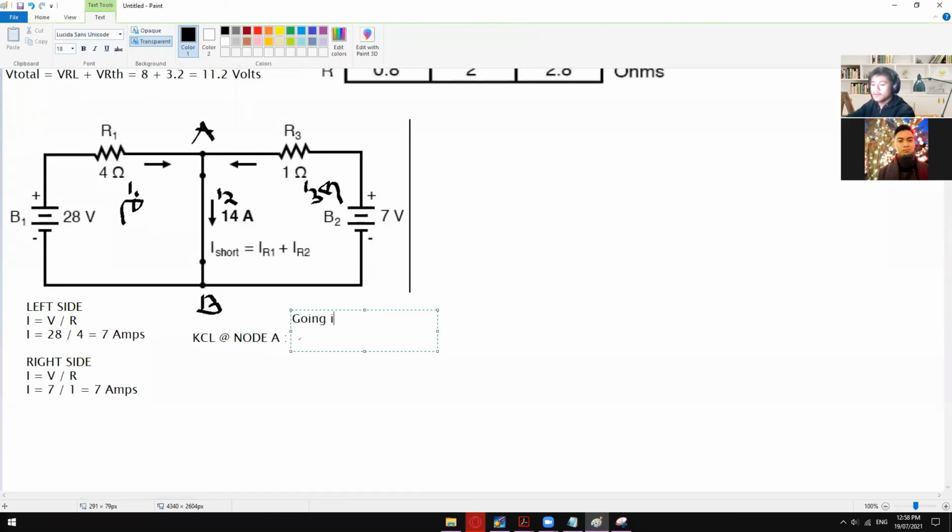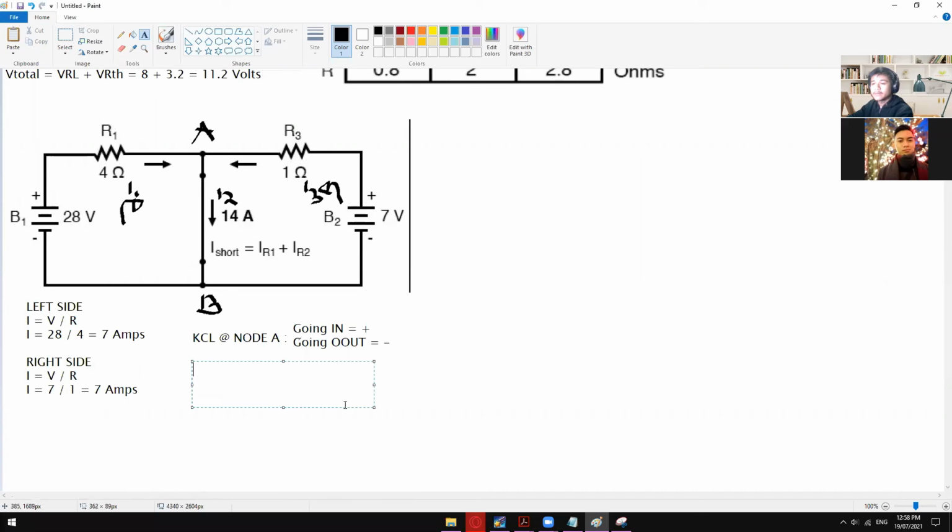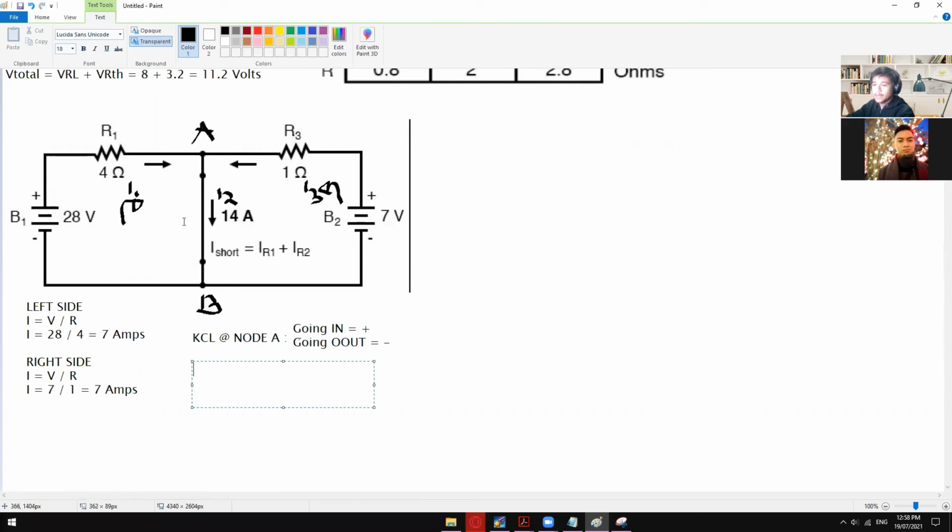Again, going into a node is positive, and going out of a node is negative. Just remember that when it comes to KCL. As you can see, we have I1 going in and I3 also going in, so I1 plus I3 minus I2 is equal to 0.